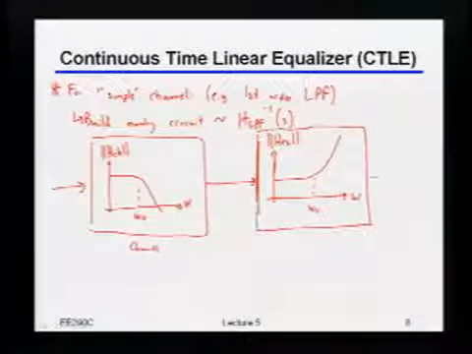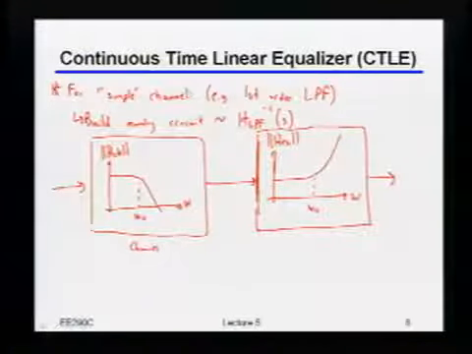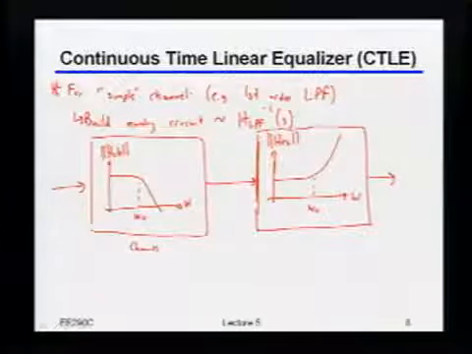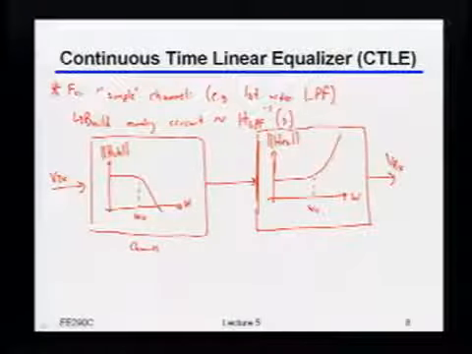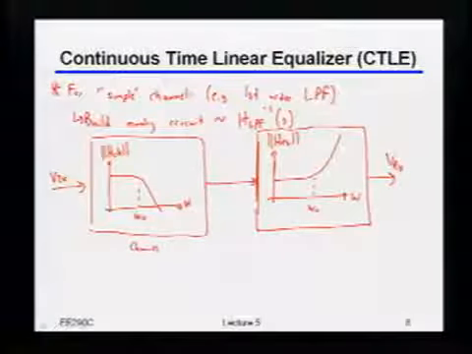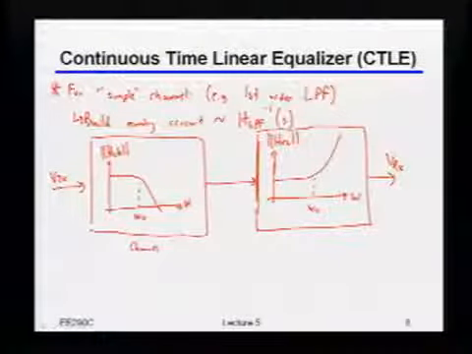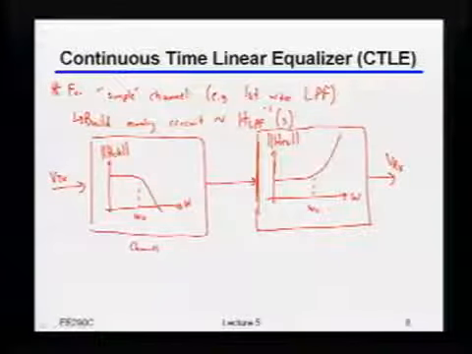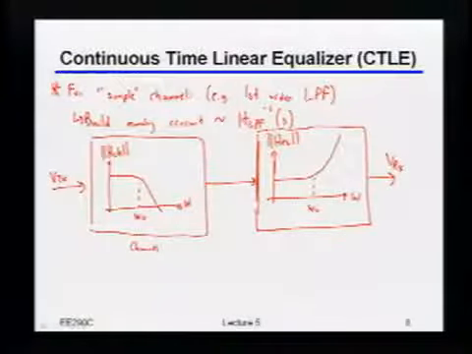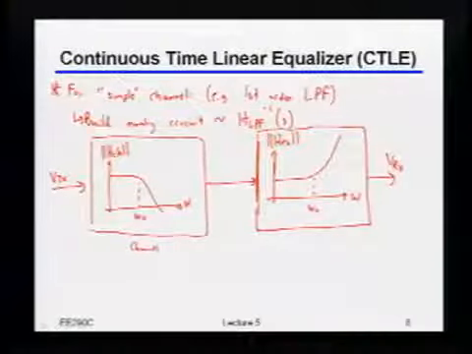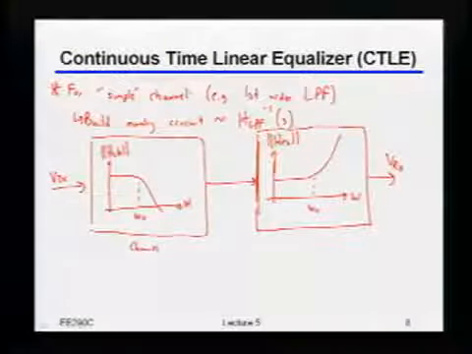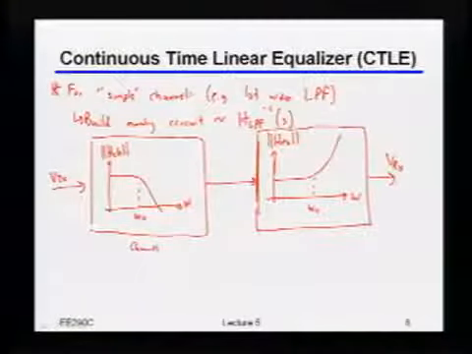Right, then if I've done things well, then out at the output over there, I should get whatever I transmitted. Right, so let's just call this VTX, this will be VRX. So again, if I do that equalizer right, then VRX should really be just the same as VTX, right? Nothing magic there. I'm literally just saying, whatever the filter was, I'm just going to build the inverse of that filter, and as long as everything is linear, H times H inverse is 1, right?